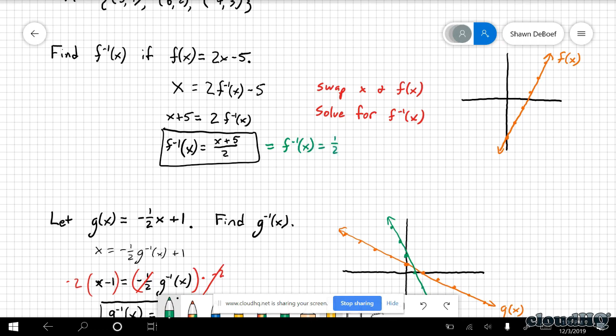So it'd be 1/2 x plus 5/2. It's maybe an easier way to graph that one. So y-intercept of positive 2.5. It's not the nicest of numbers. We rise 1, run 2. Turns out they share this common point right there.